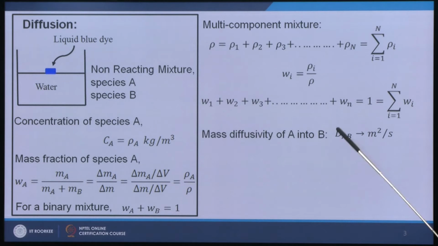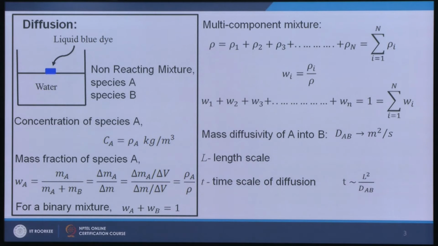So, we call this one mass diffusivity, okay. The unit of this one will be meter square per second, okay. So, how much area it is diffusing per unit time, that will be the mass diffusivity, okay.